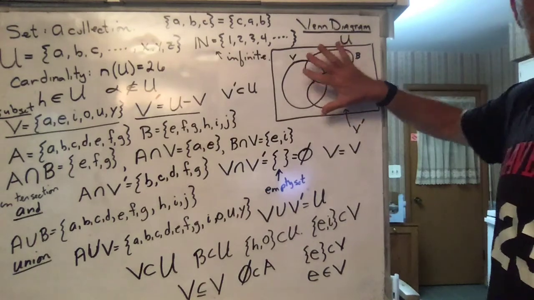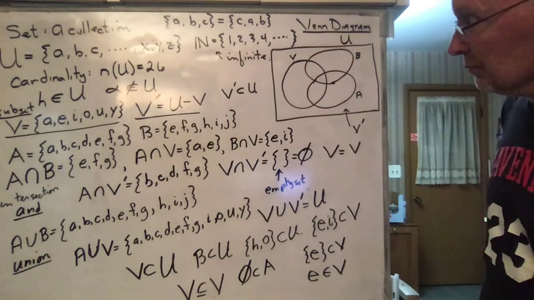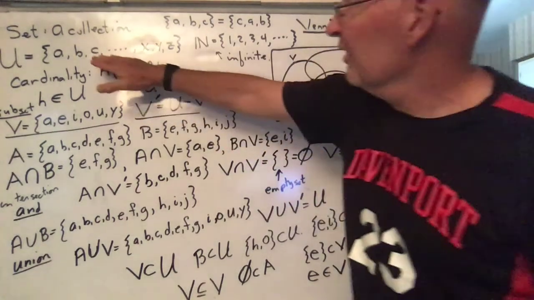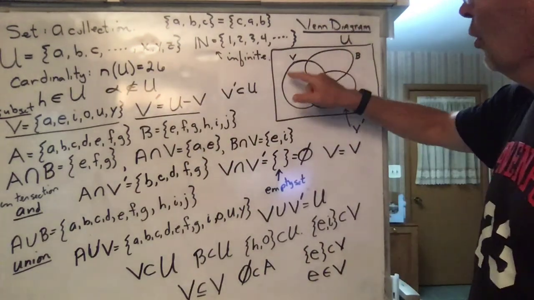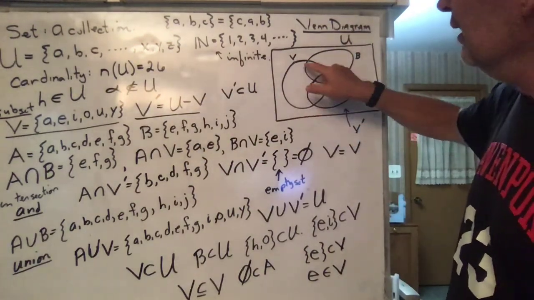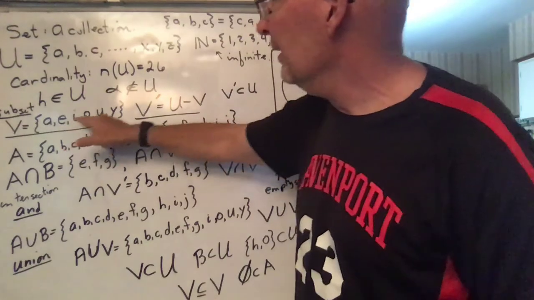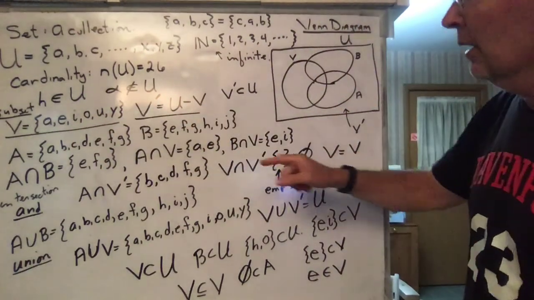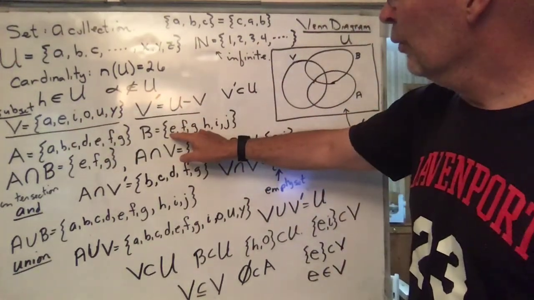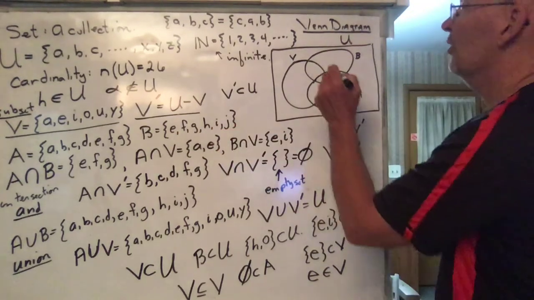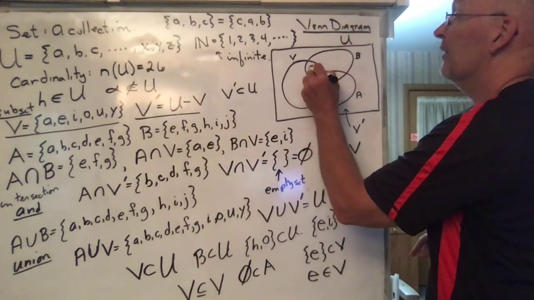So now that we have a Venn diagram, let's see where these various elements would be. So what's in V? V are all the vowels, A, E, I, O, and U. B is the set with E and I in it. So E would be right there.